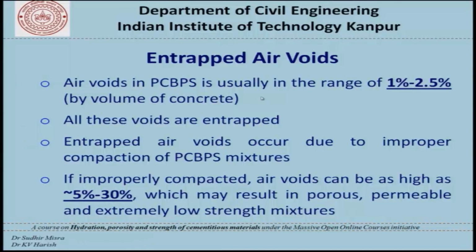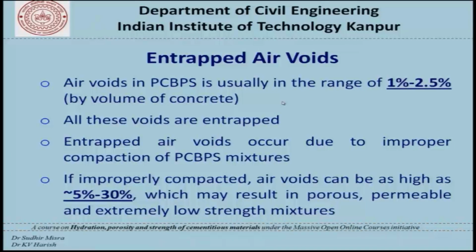Now, we go to the third one, which is entrapped air voids. In the case of Portland cement based paste system, the volume of air voids is usually in the range of 1% to 2.5%, and this is by volume of concrete. And remember that all these voids are entrapped in nature.